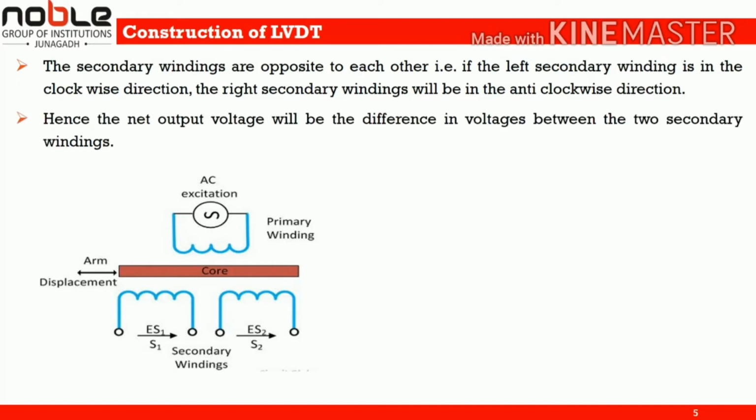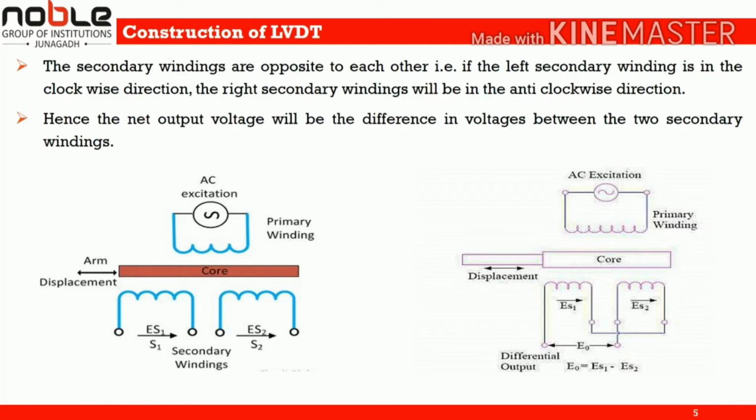Hence the net output voltage will be the difference in voltage between the two secondary windings. Here the differential connection between the two secondary windings is given in the second figure. So we get a differential output, that means E0 is equal to the difference between the two secondary winding voltages, that means E0 is equal to ES1 minus ES2.